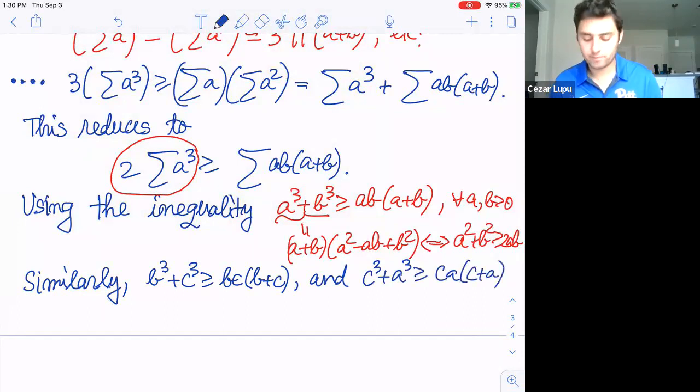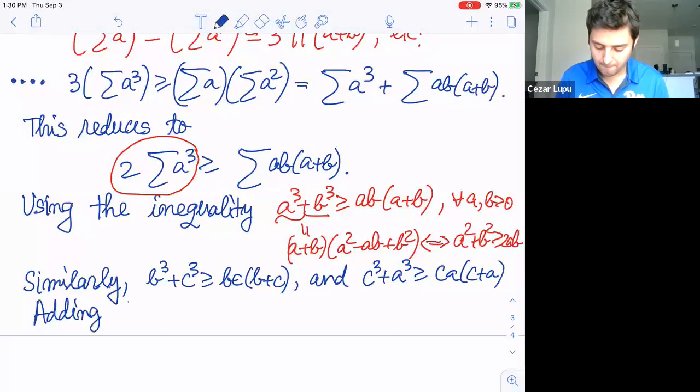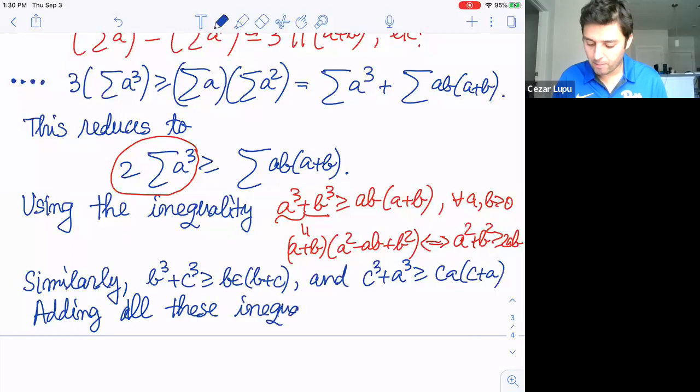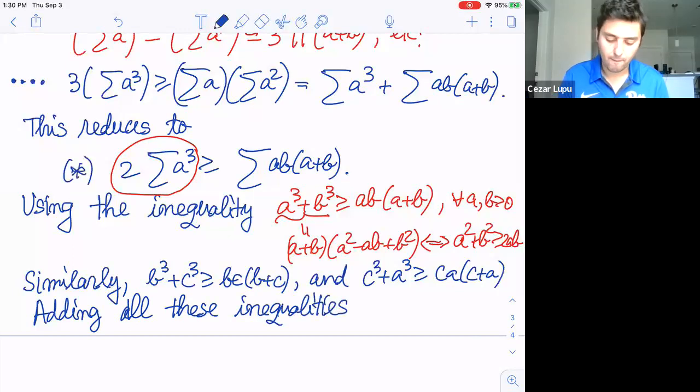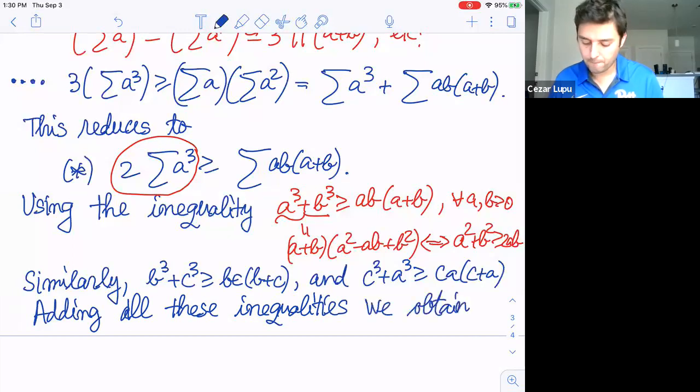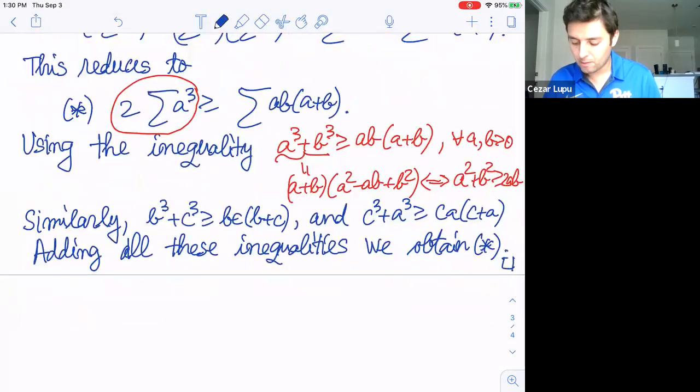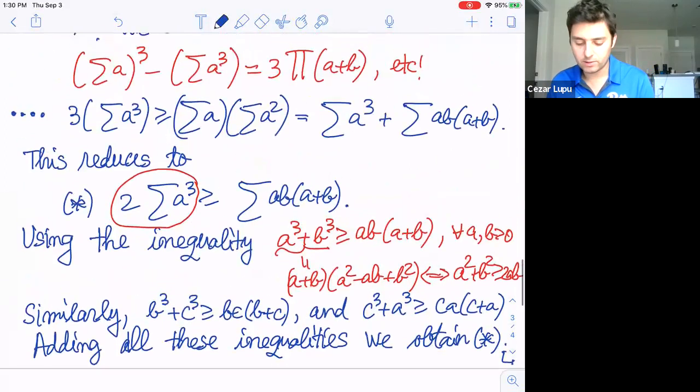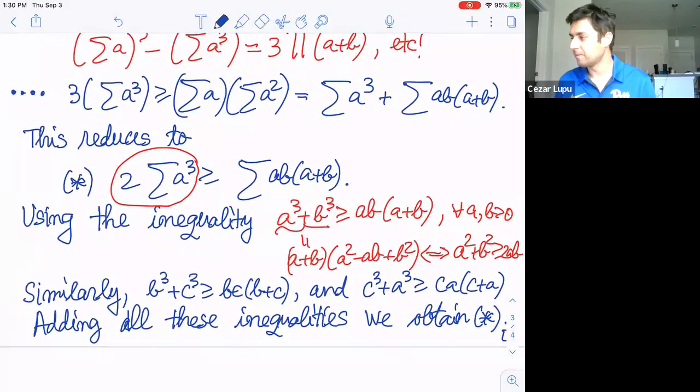When we add them up, we get exactly this. I think it's obvious. Okay, so that was the trick of the problem. Anyway, that's good to keep in mind.